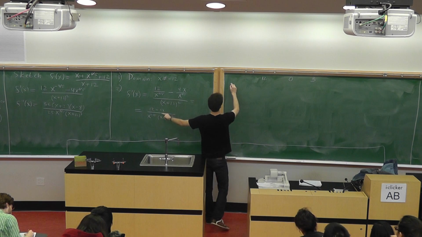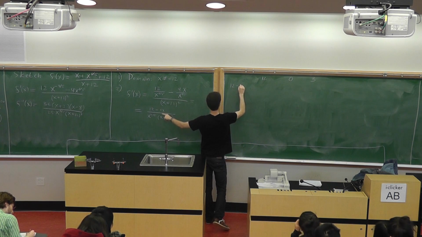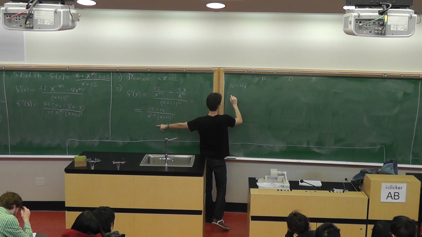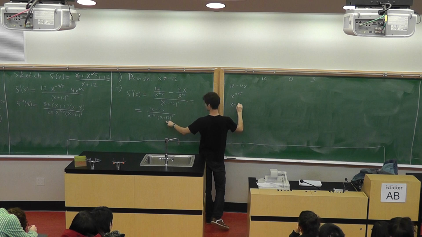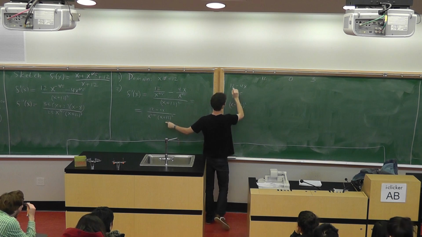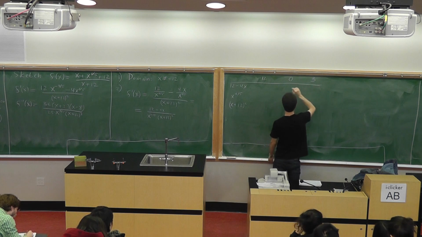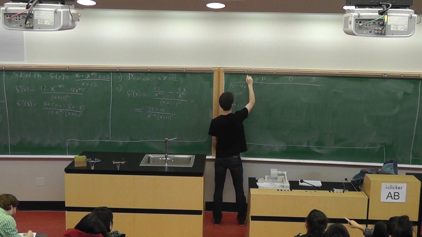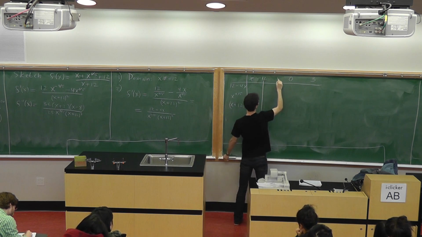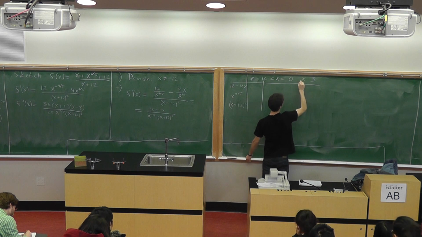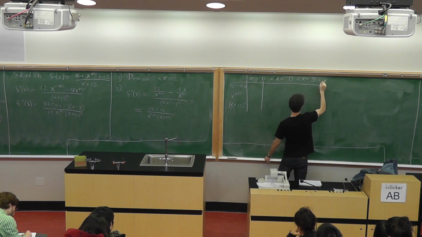Okay, so let's look at this expression. 12 minus 4x, x to the power 4 over 5, x plus 12 squared. And here I'll have x smaller than this, x between, and x bigger than that.